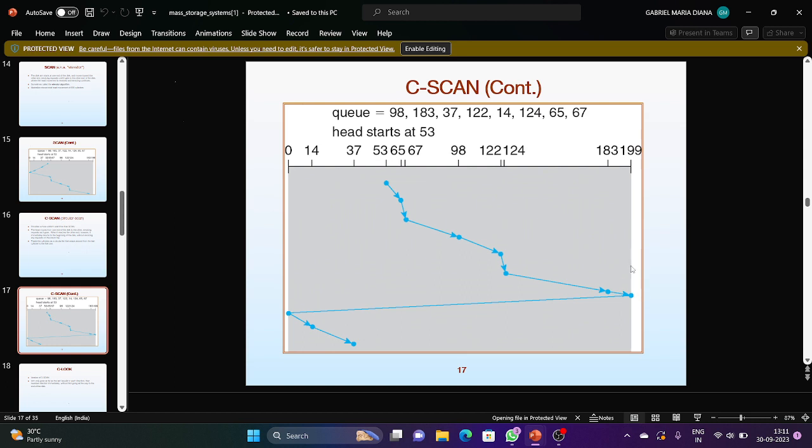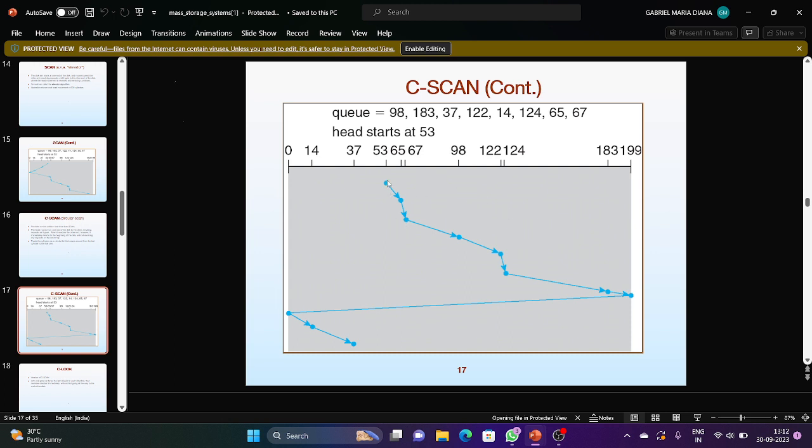In order to access the data, during the movement, whichever process comes in between, it serves those processes. So here it starts from 53, then it goes to 199. In between, it serves the processes.